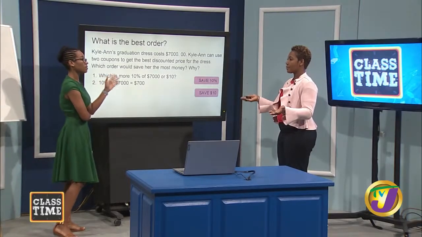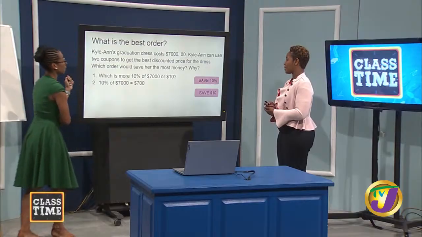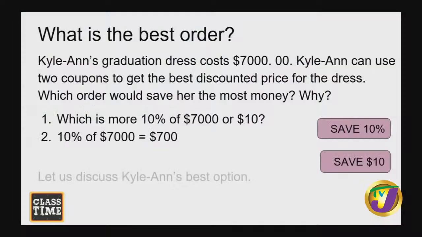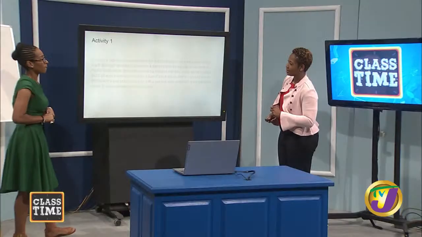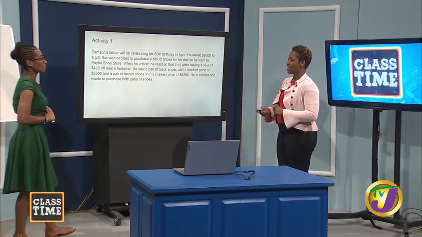It is, because 10% of $7,000 is $700. So after she uses her 10%, they take off $700, then she can save $10 more. All right, reasonable. Great.